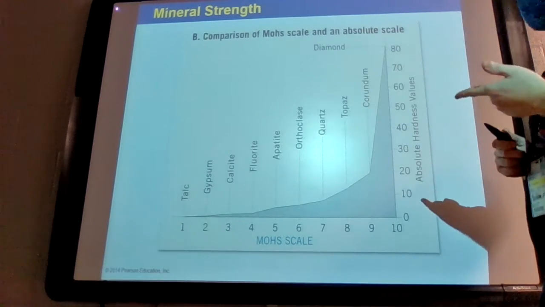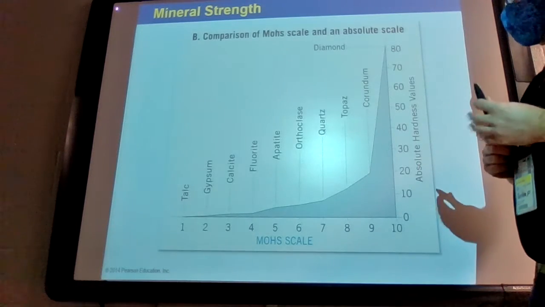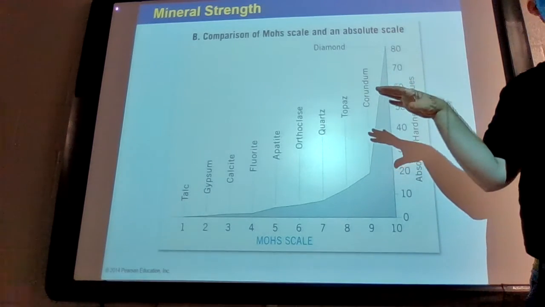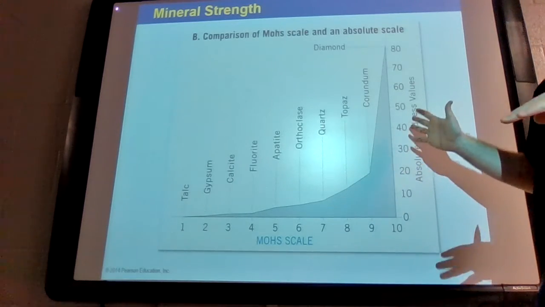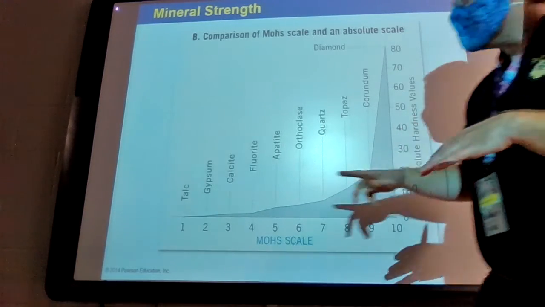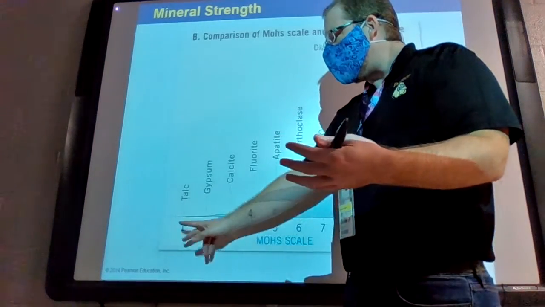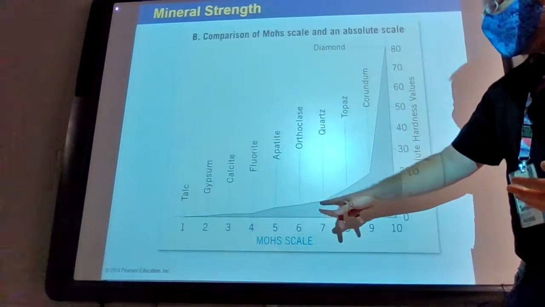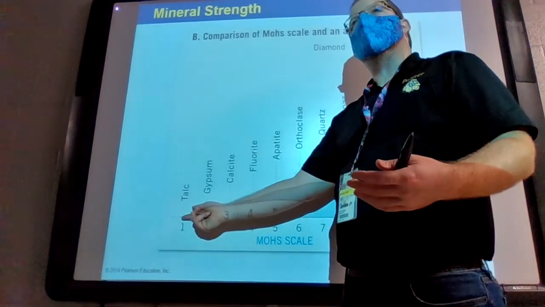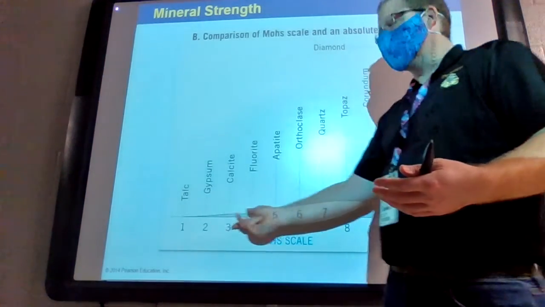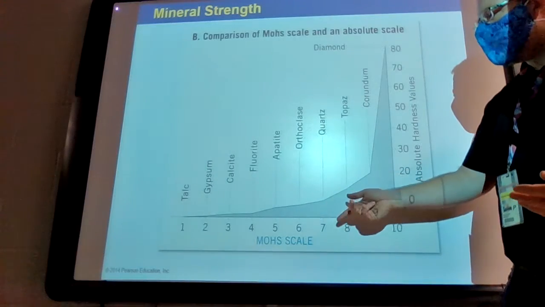So this is just a scale to show you. It's not quite logarithmic, but the hardness really goes up towards the end of the hardness scale. So talc down here is very, very soft. Gypsum, calcite, fluorite. When you get up to quartz, you're talking many times harder than talc. And so quartz is actually a pretty hard material.